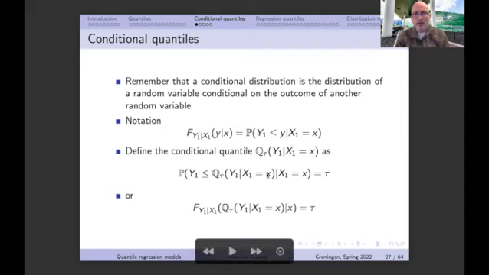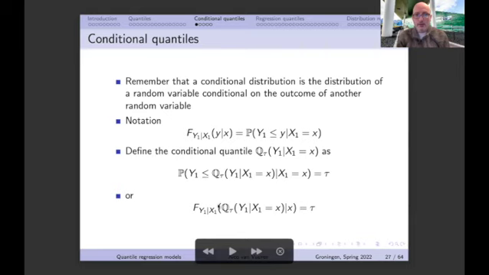Well, what we're going to get is that the quantile is that number that is going to make the probability that y1 is smaller or equal to that particular number, conditional on x1 equal to x, equal to tau. And we should realize that this is exactly the same as what we had before with the unconditional quantiles.